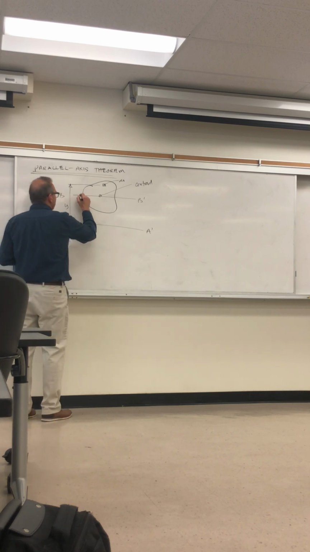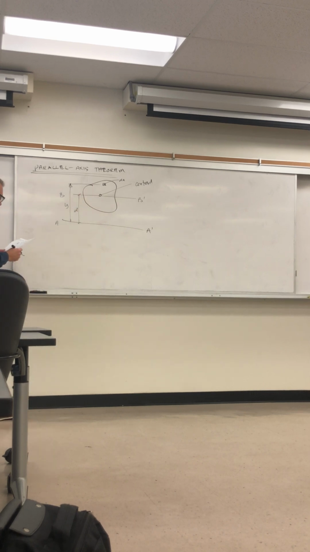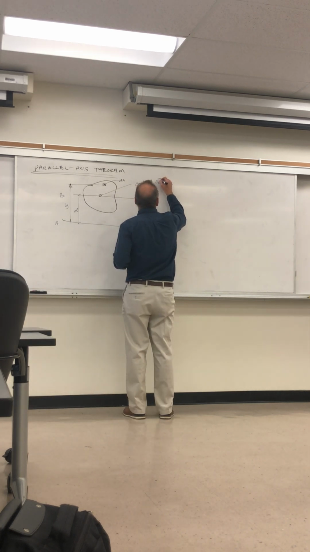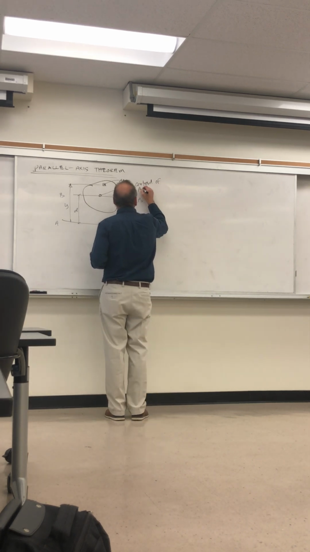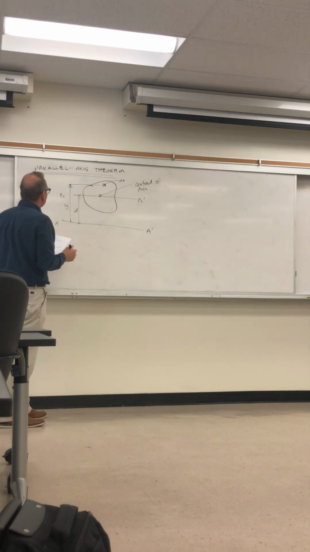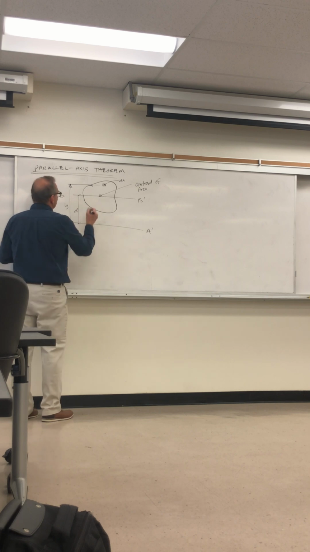And the distance from the centroid to that axis AA prime is d. This is the centroid of the area. And we're going to call this distance here y prime.